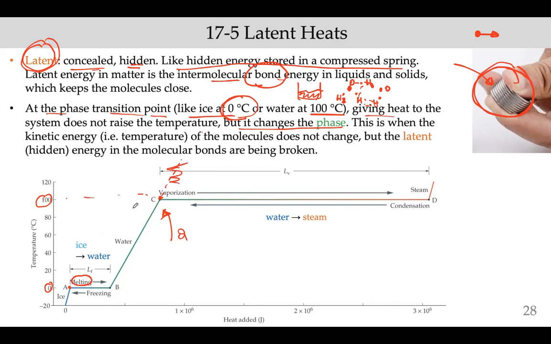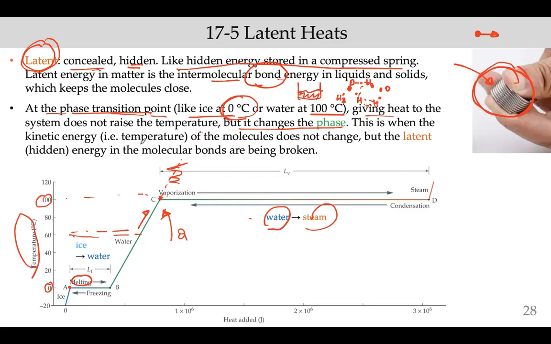It's not going to happen because now the energy will go into the phase transition, so the water will turn into steam. But that happens at the phase transitions. Of course, if you have water at, let's say, 60 degrees, if you give heat to water, you will increase its temperature, which is shown by the y-axis.